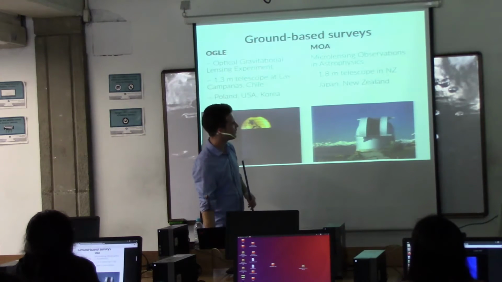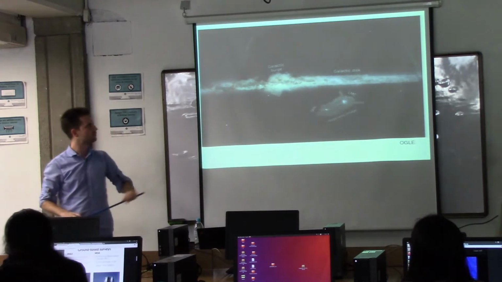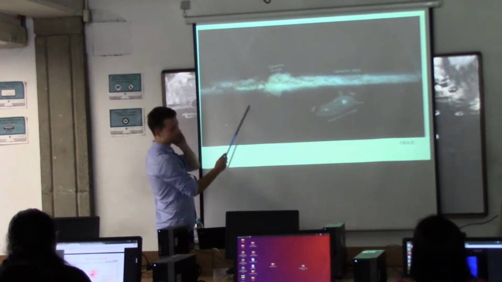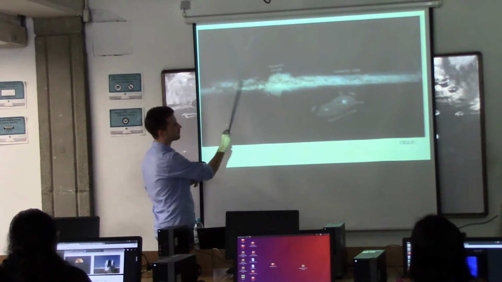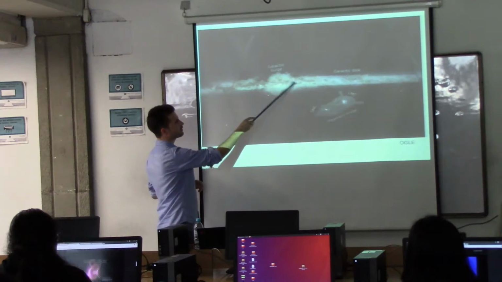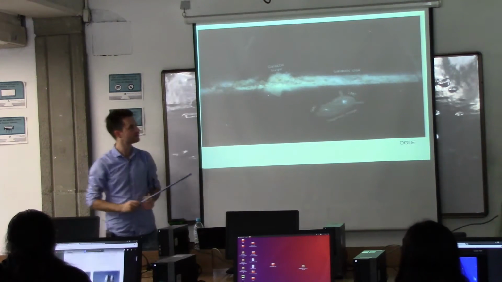But none of the variable stars can make this curve under most conditions. Just to show you how this works, this is a map from the OGLE survey. You can't really see it, but there are some shaded areas over here. They're looking towards the galactic bulge. The advantage of this line of sight is that there are a lot of stars that can act as a background source.